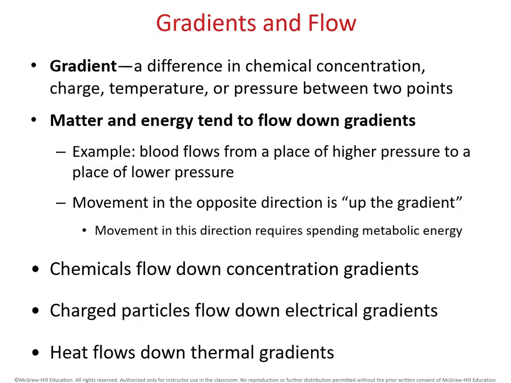Let me give you a physiological example of a gradient. Imagine your heart is pumping blood through your arteries and then capillaries and back through your veins. The place where your blood pressure is going to be the highest is in the arteries just past the heart. Right there where the heart has just pushed the blood into the arteries, that's where you're going to have the highest pressure.